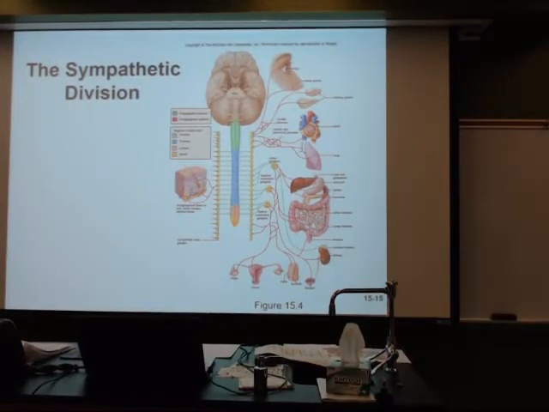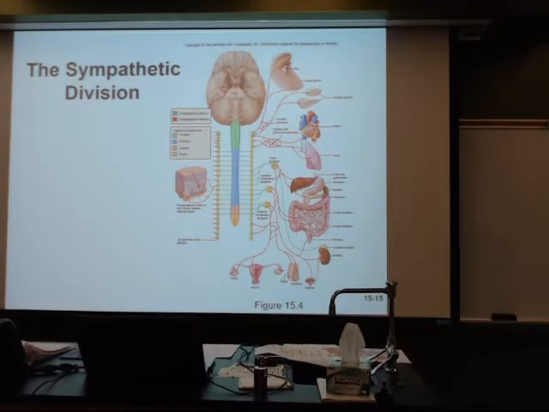So if we look at this picture right here, one of the things that it's showing you is those chain ganglia, which are outside of the central nervous system, and then the green and the red are representing what we refer to as our pre-ganglionic fiber and our post. And a ganglion is an area of what? Nerve cell bodies.